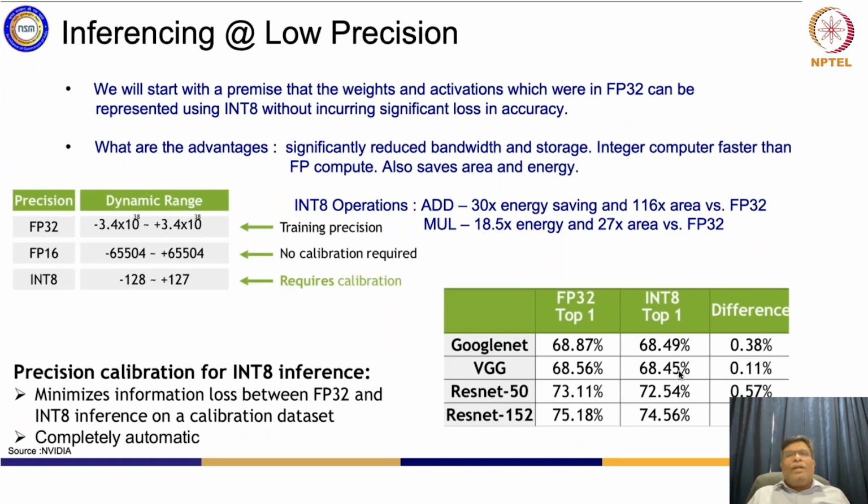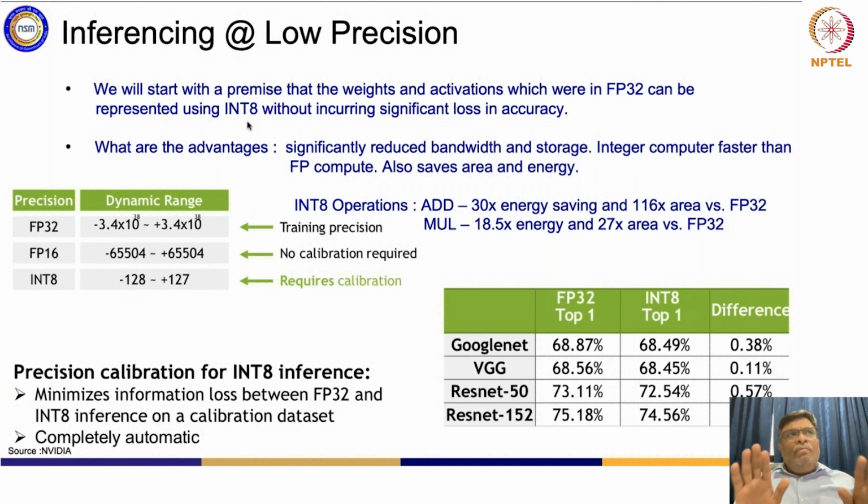Okay, so now let us try to understand inferencing at low precision. Again, here we'll start with the premise that the weights and activations used during the training of our model were floating point 32, FP32, and they can be represented using int 8 without incurring significant loss in accuracy.